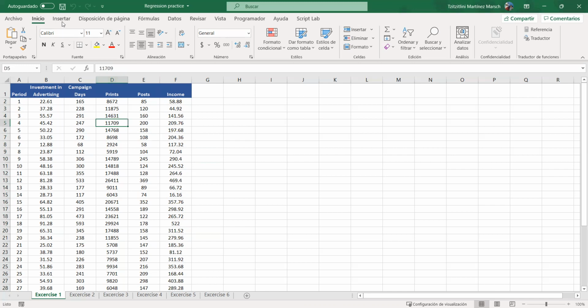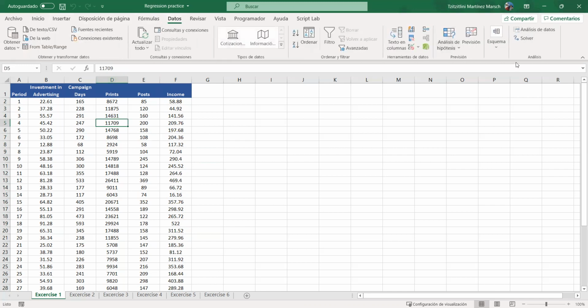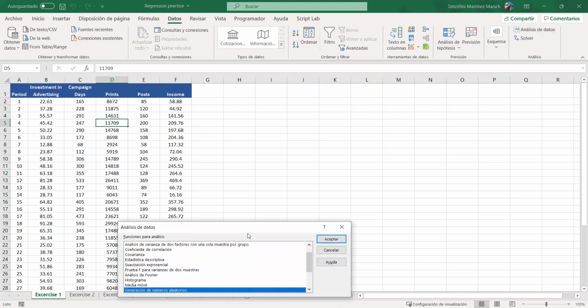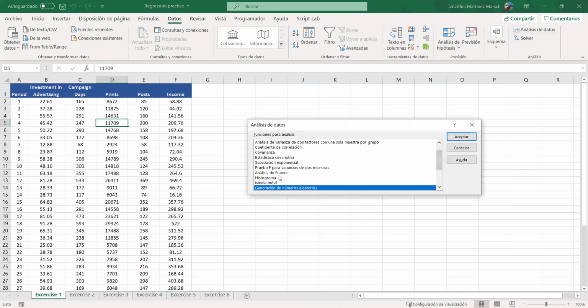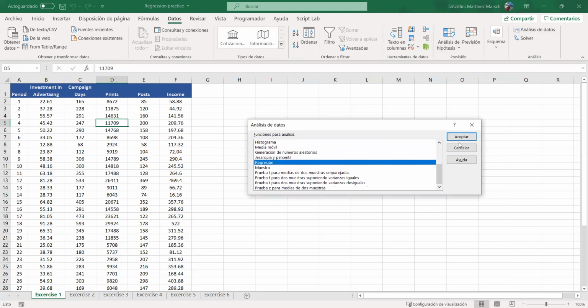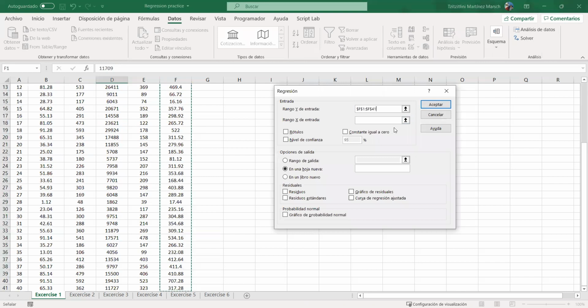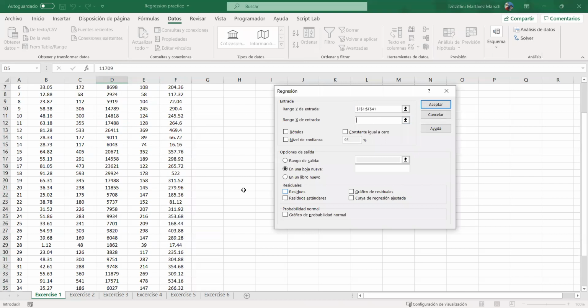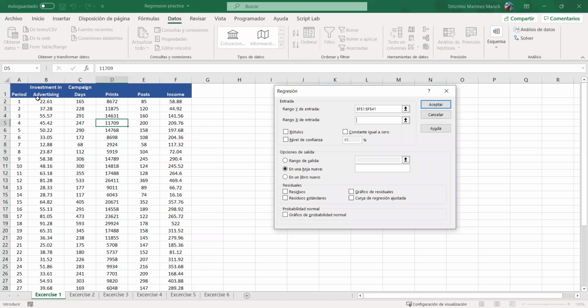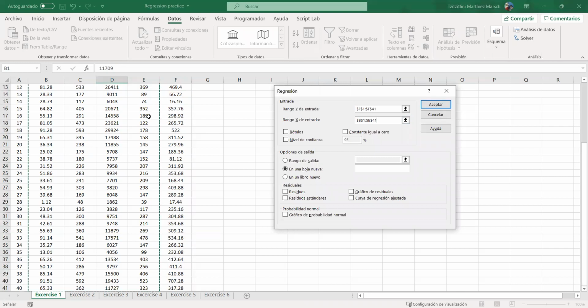So the very simple part, we're going to go to our data, analysis tools, and there is one that says regression, okay? The first thing it asks is your Y. So there's my Y. And then it asks for all my X's. These are all my X's, these are all my variables, okay?